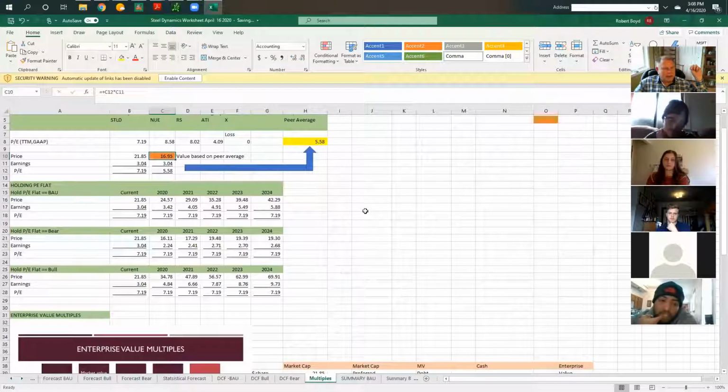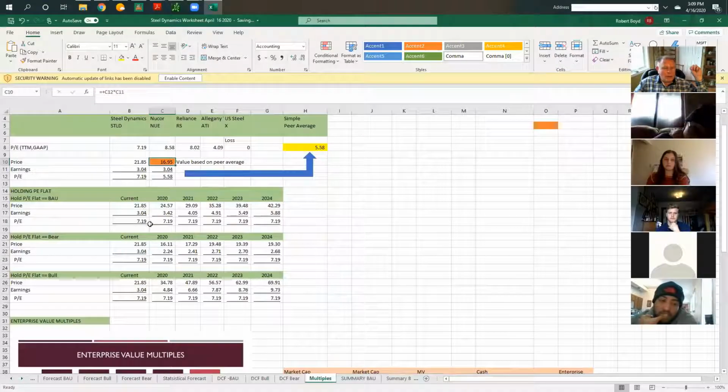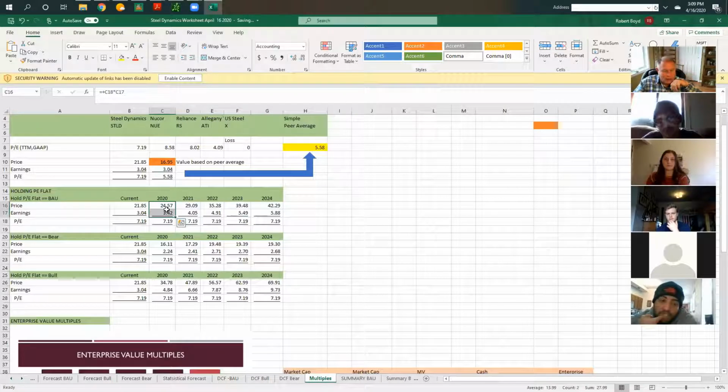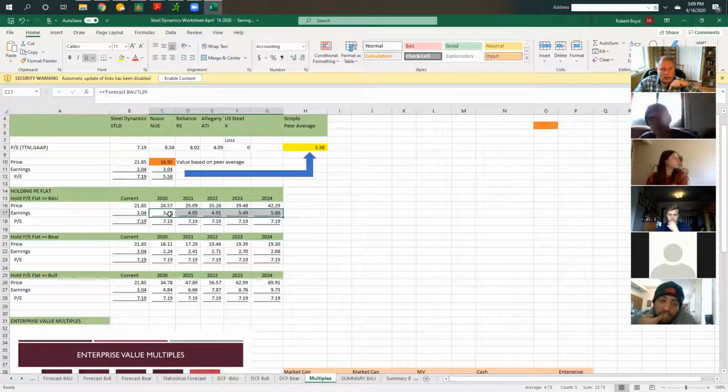Then I said, okay, let's assume it will continue to be valued at 7, what it is today. And I changed the earnings per share, which came right from my forecast.